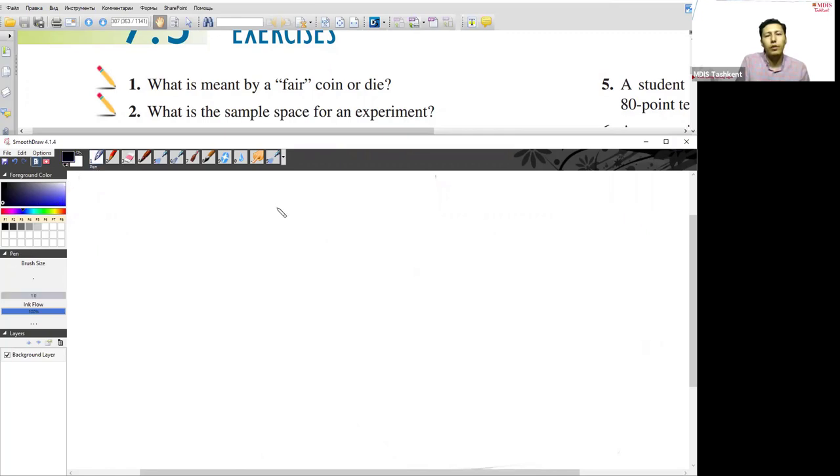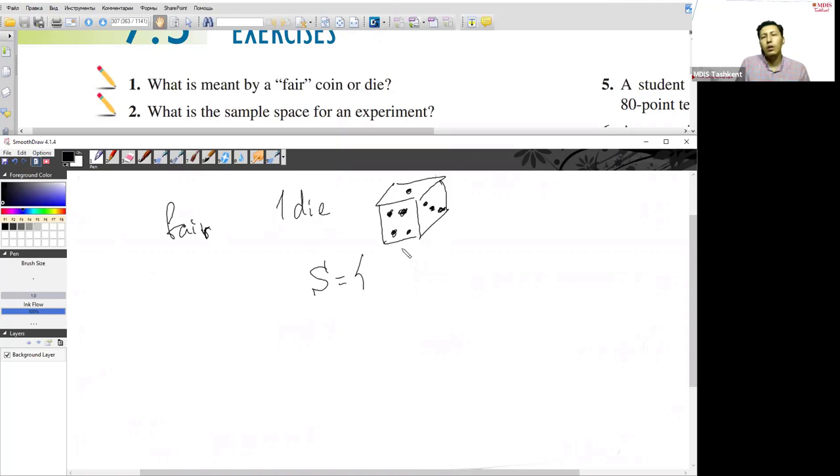So for example, let's take one die. For example, we have this single fair die. First of all, sample space. What is sample space? It is all the possibilities.